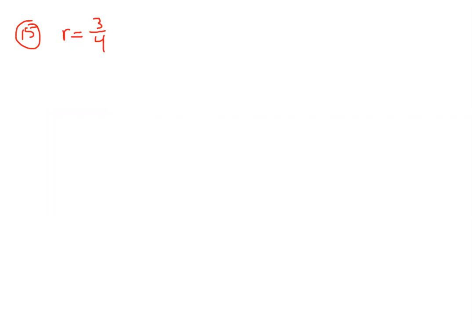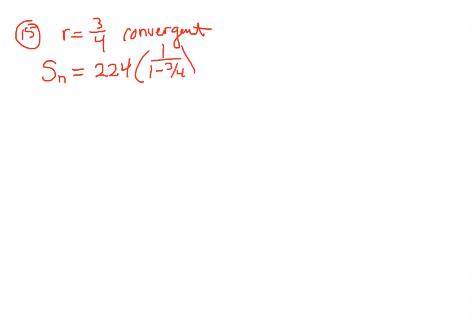And it's convergent because 3/4 is less than 1. So we say Sn equals the first term, which is 224, times 1 over 1 minus 3/4, which is 224 times 1 over 1/4, which is 224 times 4, which is 896.